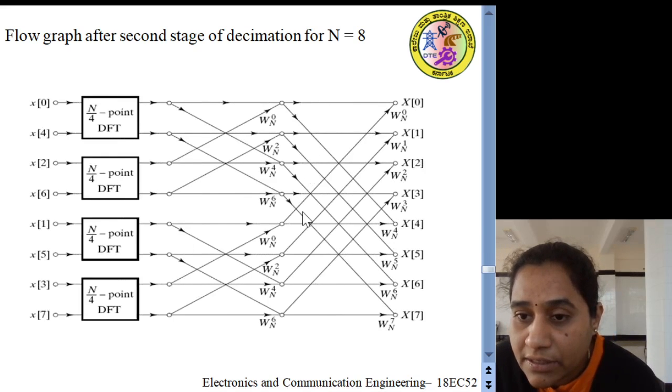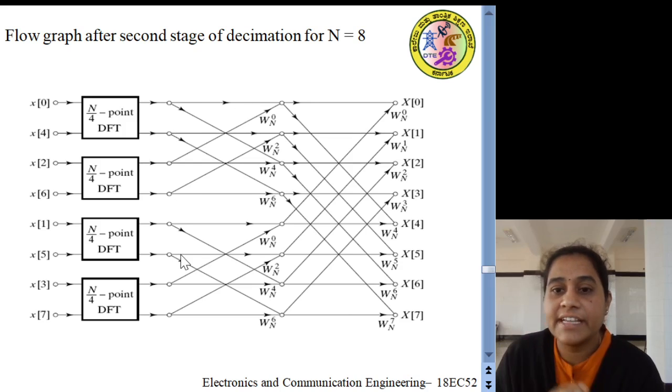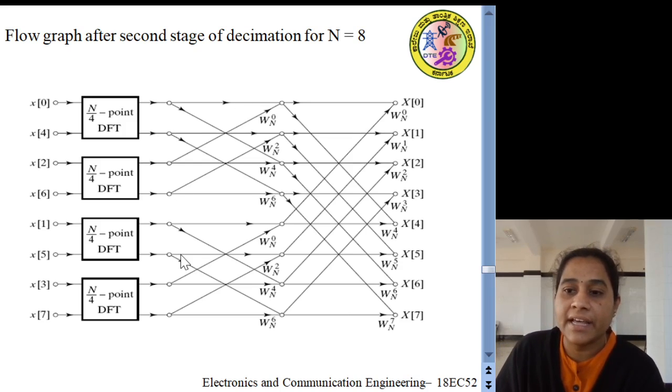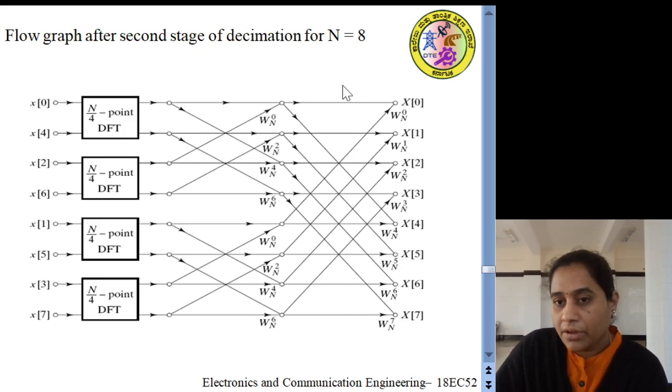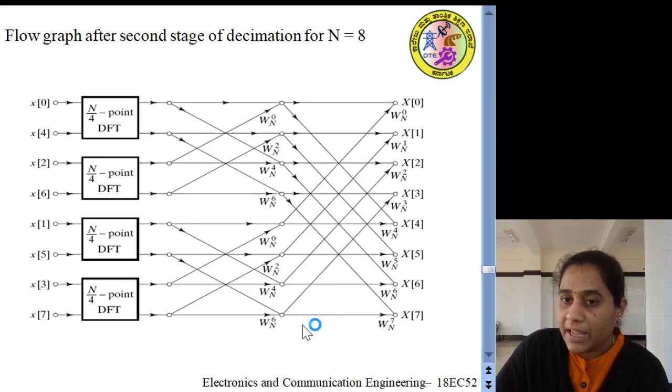See, this is from the first stage of decimation, and this is from the second stage of decimation. In the first stage, we decimated x[0] to x[7] into two N/2-point DFTs, g[0] to g[3] and h[0] to h[3].